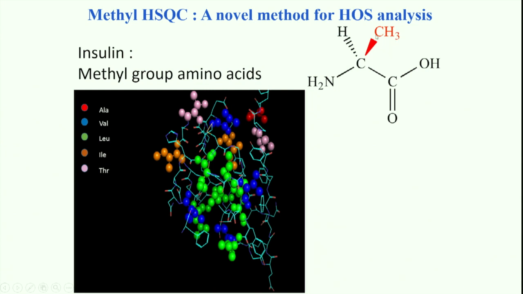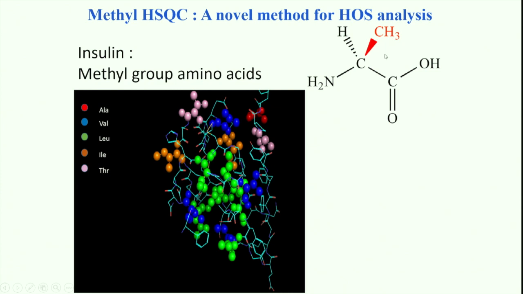Because of that, it has a favorable relaxation property, and there are 6 amino acids in a protein that have a methyl: alanine, valine, leucine, isoleucine, threonine, and methionine. And if you plot those methyl-containing amino acids, they are distributed all over the protein. So if you capture these methyls, we can again, using this simple experiment, establish the higher order structure similarity.